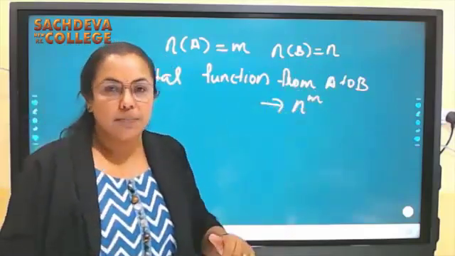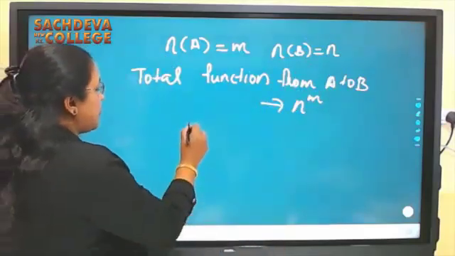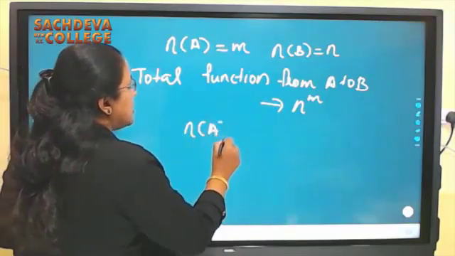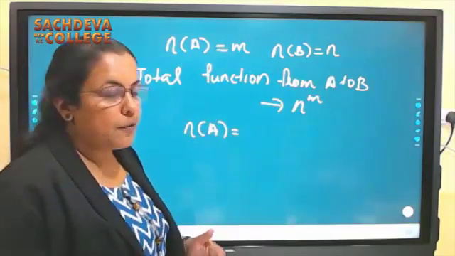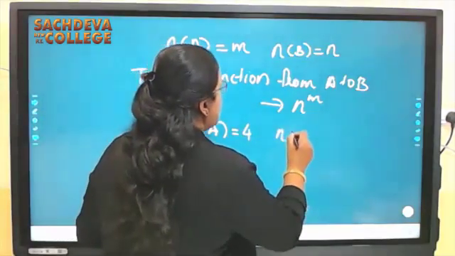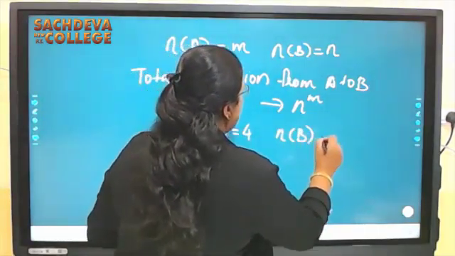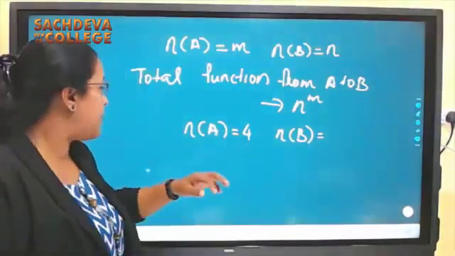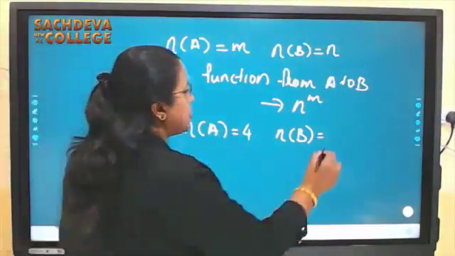This is a direct formula which tells what is the total number of functions from A to B is n to the power m. Here, what is the number of elements of A? A is set 1, 2, 3, 4. So number of elements of A is equal to 4 and number of elements of B, B is set ABC, is equal to 3.